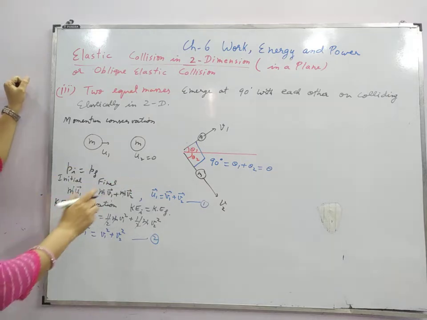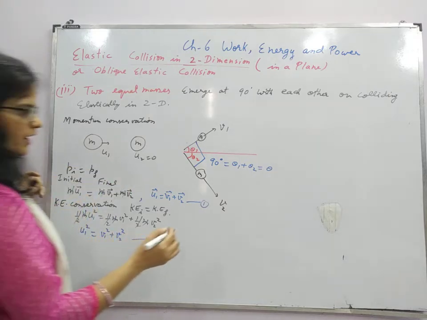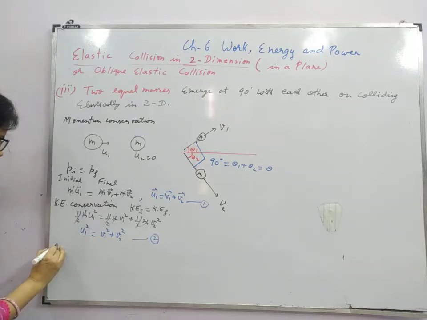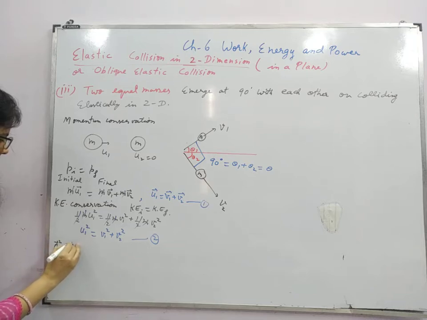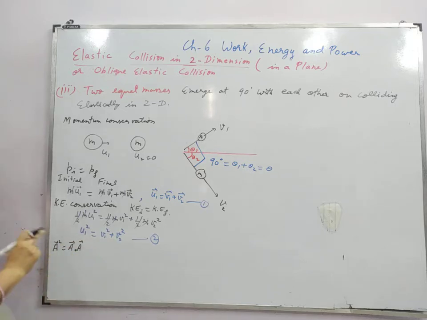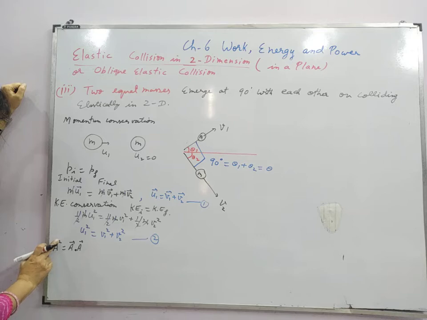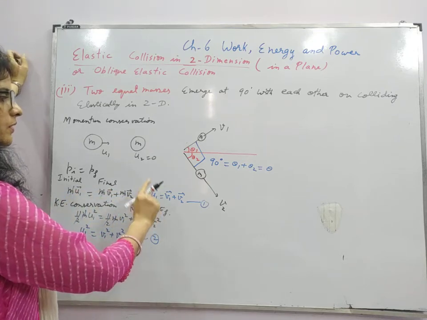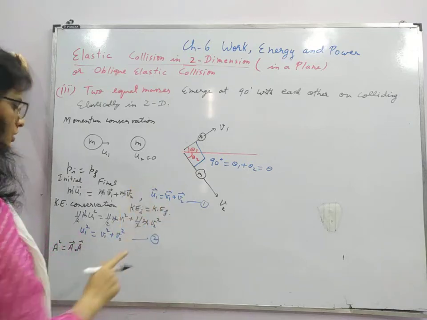So for equation 1, we know that square of a vector can be written as its dot product, or you can say that a dot a is written as a square. So here what am I doing? I am squaring both the sides and taking dot.